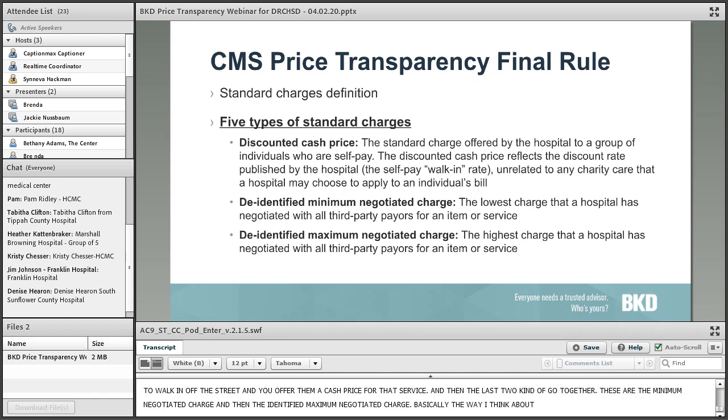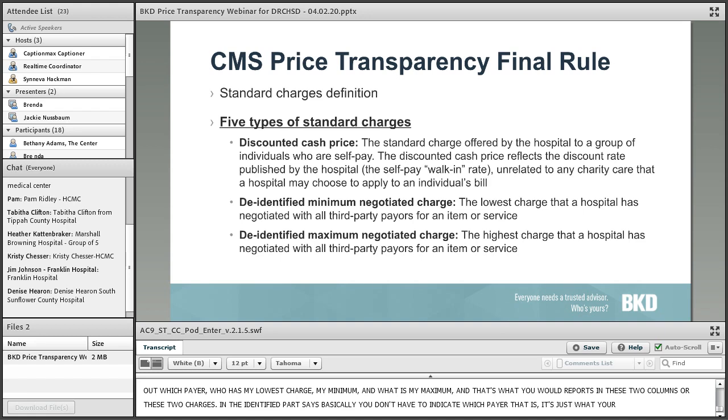And then the last two kind of go together, and these are the de-identified minimum negotiated charge and the de-identified maximum negotiated charge. So basically the way I think about this is once you've got all of your payer-specific negotiated charges laid out and understand where those are, then what you're going to do is look through that list and figure out which payer has my lowest charge, my minimum, and what is my maximum.